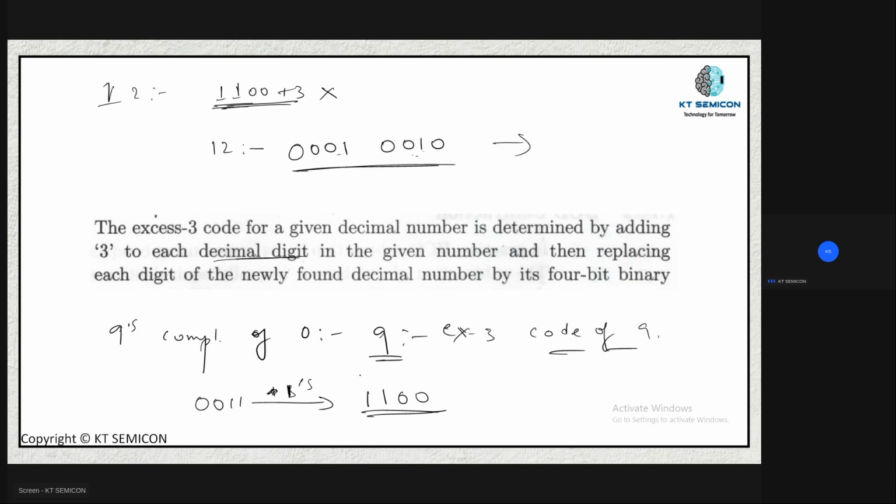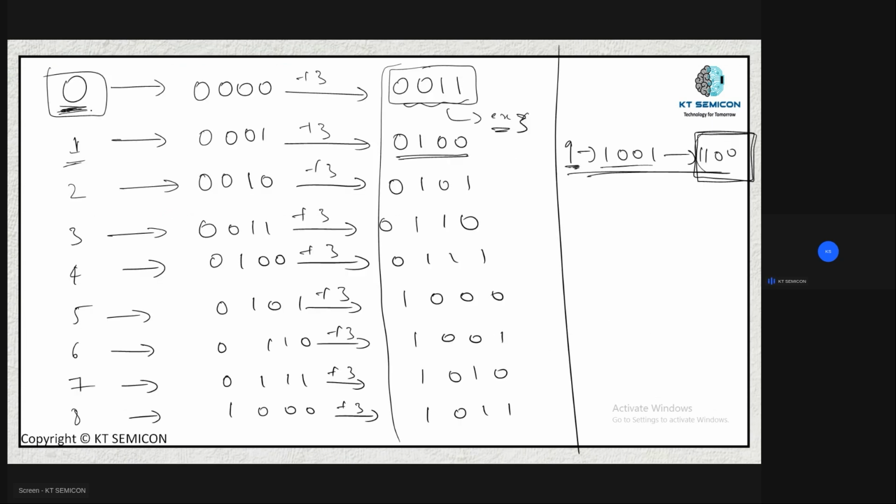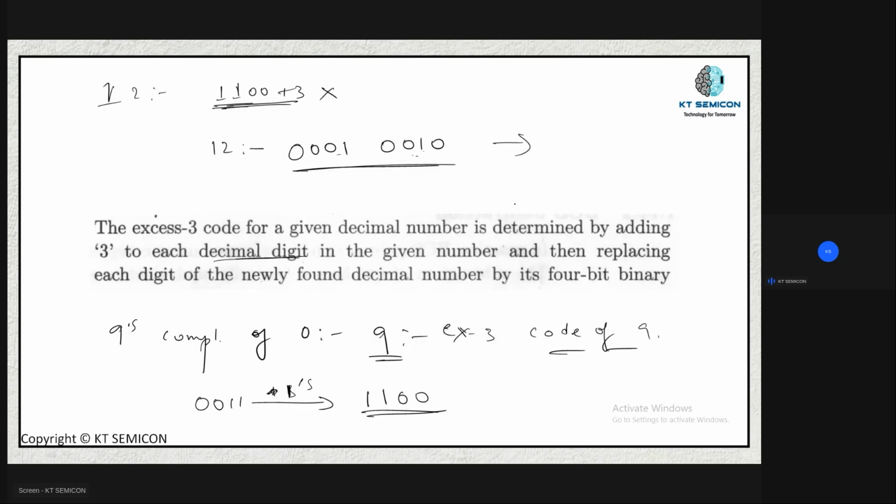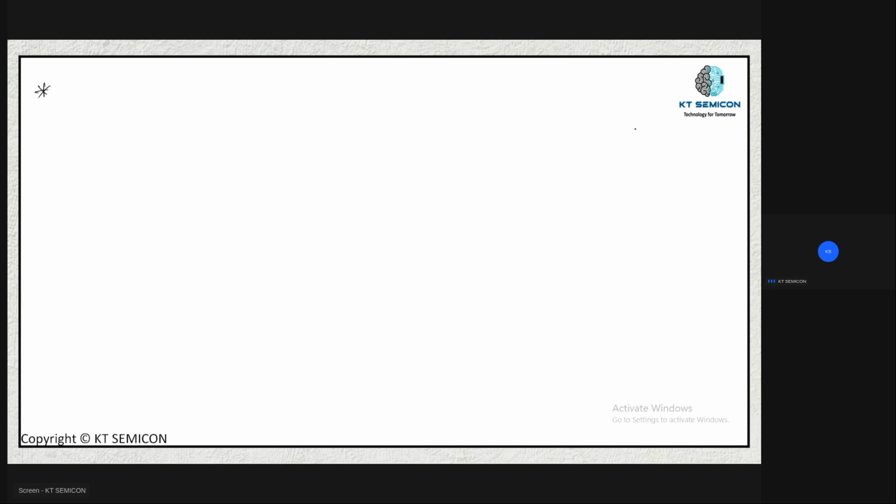That means instead of performing 9's complement on a decimal digit, I can simply perform 1's complement on the Excess-3 code of that digit, and I'm going to get its 9's complement. So that's why it is known as a self-complementing code.